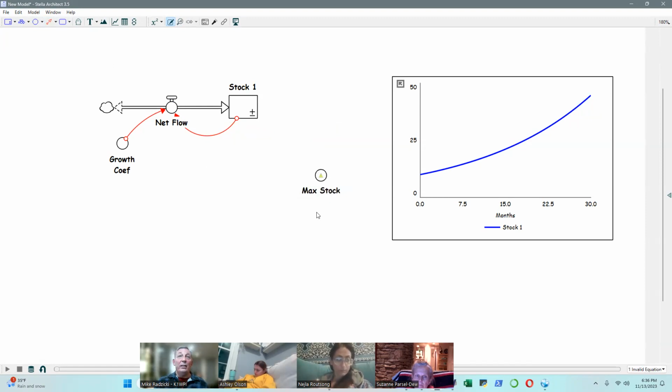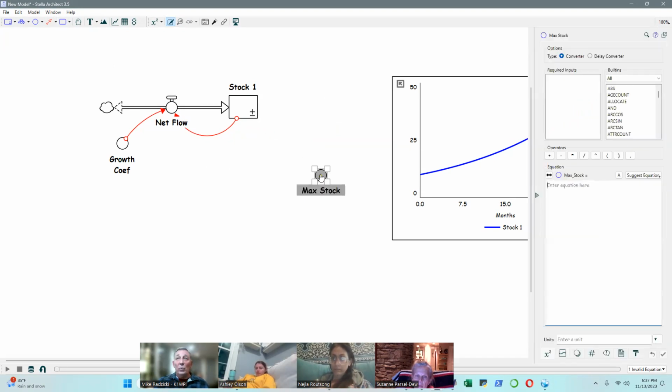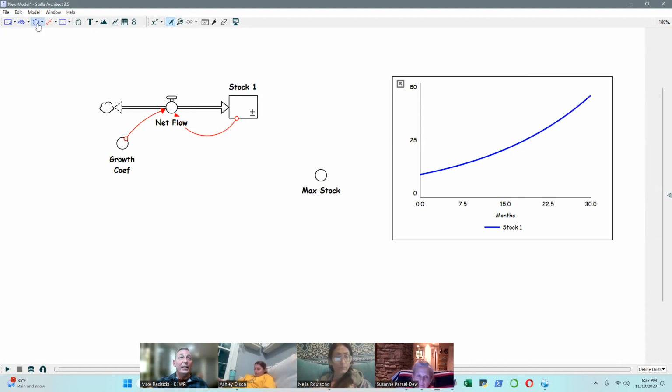If this is a glass, it might be, if it's an 8-ounce glass, 8 ounces when it's full. If it's a city, it's the land mass of the city. Whatever the case may be. And so we might say that it's, I don't know, 40 units of something.